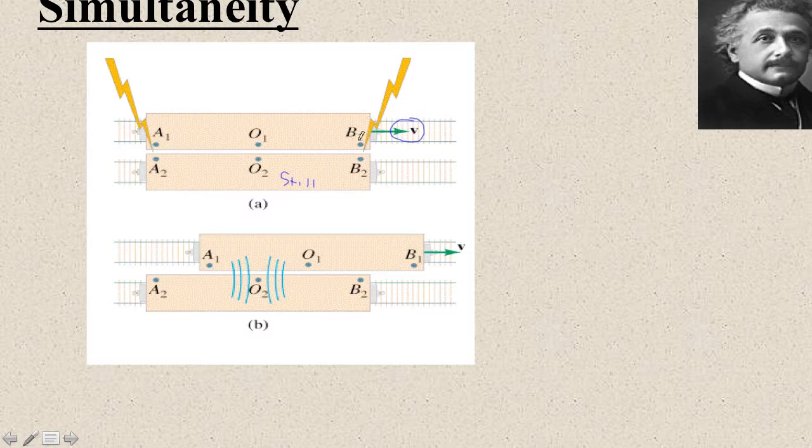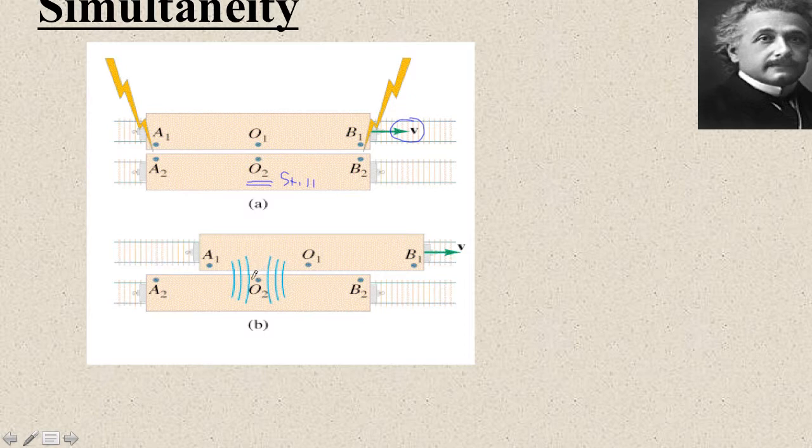Now, let's suppose these bolts of lightning strike, and they are simultaneous for observer 2. Okay, they are simultaneous for the stationary observer. The stationary observer knows that they're simultaneous. Here's how they know. They know that they're equidistant from A2 and B2. They see the pulses of light from the event coming from A2 and B2, and the pulses arrive at the same time.